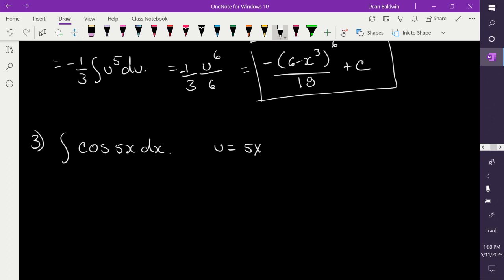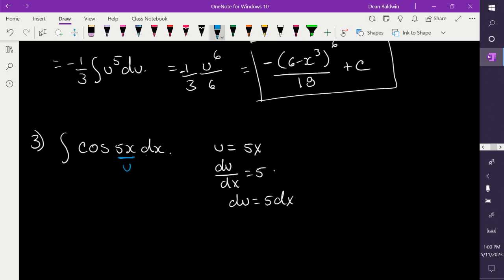What's the derivative of this with respect to x? No, we're just doing the derivative of 5x. It's going to be 5, right? Multiply the dx up. Du is equal to 5 dx. Now I have this bit here is u.